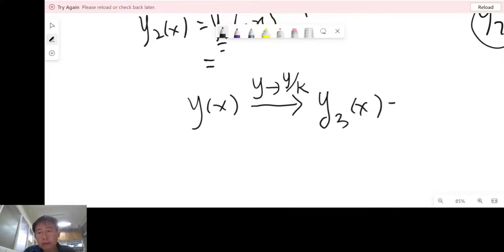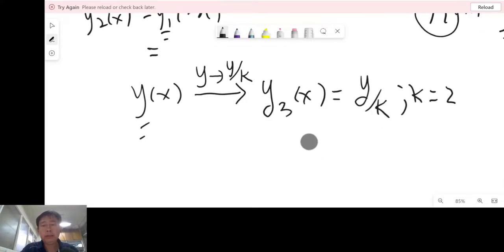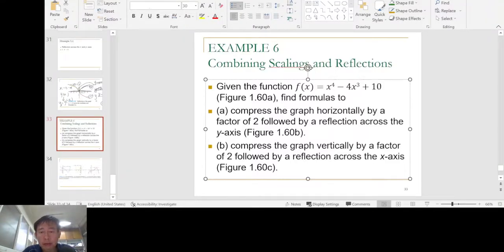And y3 is a function obtained from y by replacing y by a factor of k. So this is simply equal to y divided by k, where k is, in this case, the compression factor of 2. Once you obtain this compression, the question asks you to make a reflection across the x-axis.